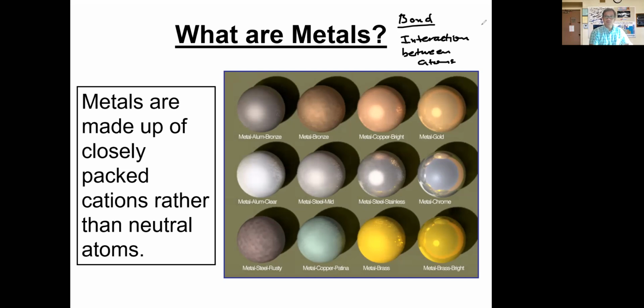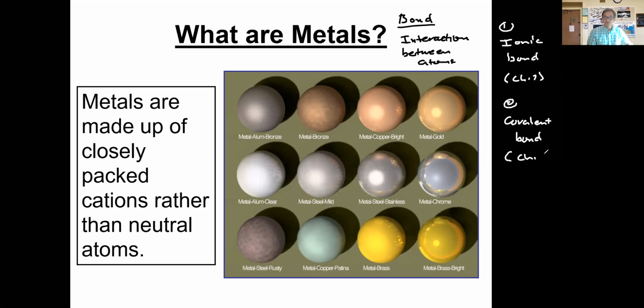There are three types of bonds that I will be referring to. I will be referring to the ionic bond, which is what we learned here in chapter 7. We will be talking about the covalent bond, which is what we will cover in chapter 8.